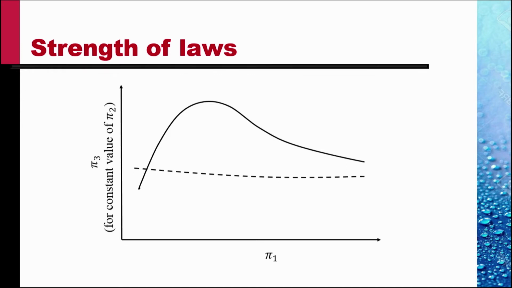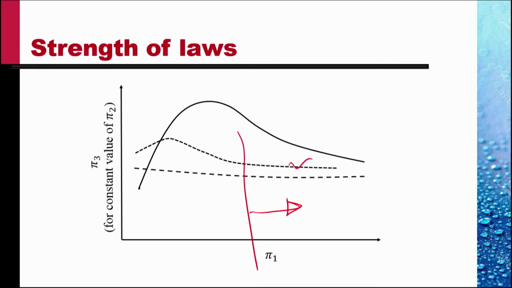Another possibility is the behavior is like this. In that case, we see that over this range of pi 1, the effect of pi 1 is small. Pi 1 represents a weak law in this region of the values of pi 1.